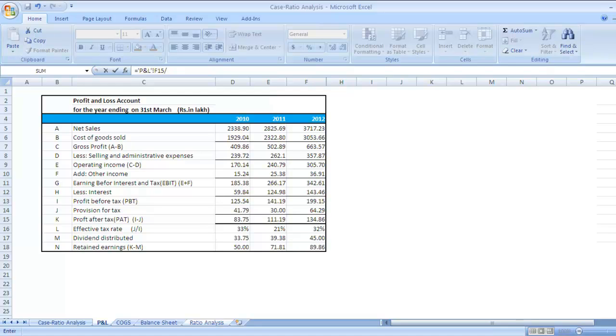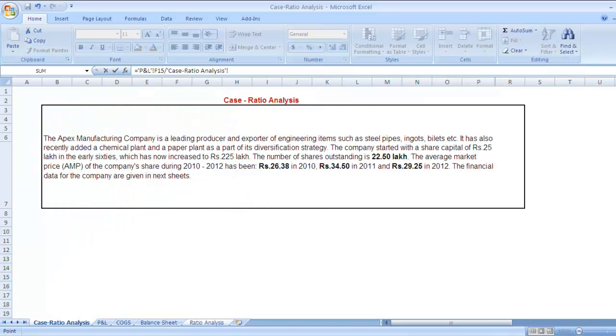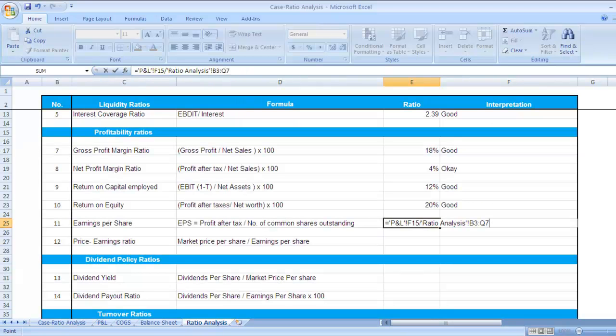For that we'll go to the case. Here it is given, total number of shares outstanding is 22.50 lakhs. Press enter.